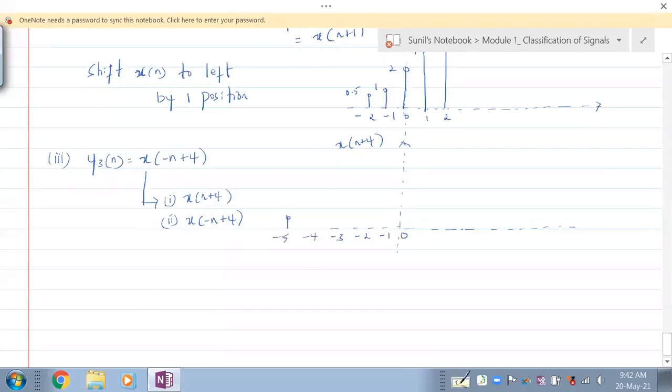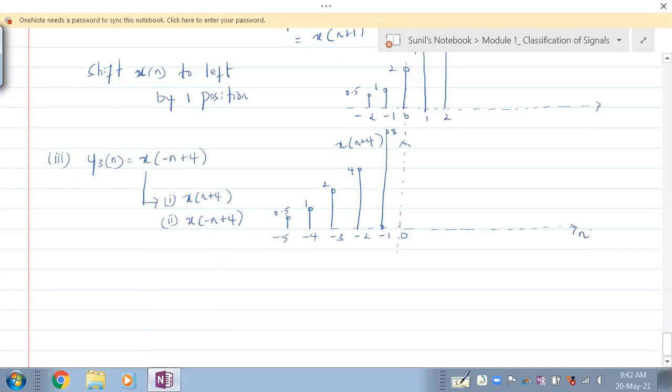Just remember the samples. This is how the samples would look. This is 8, 4, 2, 1, 0.5. So this is x of n plus 4, this being n.